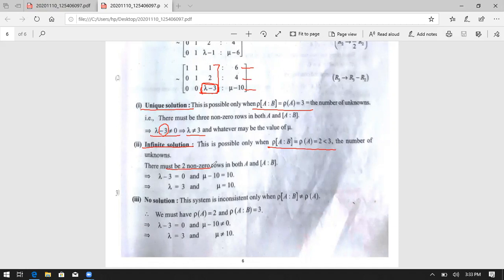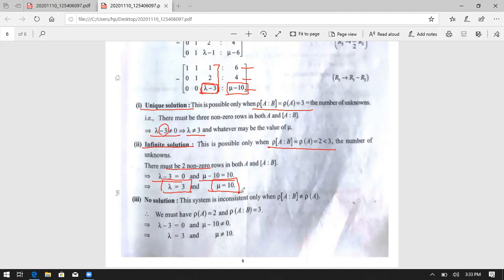Then you write here lambda minus 3 is equal to 0 and mu minus 10 is equal to 0. Then lambda is equal to 3 and mu is equal to 10. What is the lambda value? It is 3. What is the mu value? That is 10. Okay. This is the infinite solution.